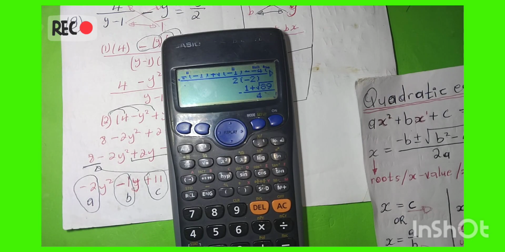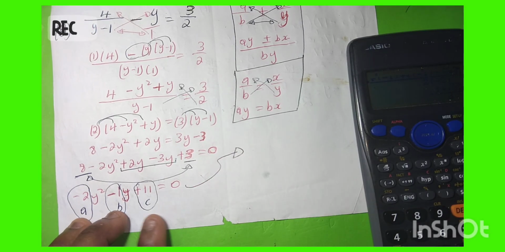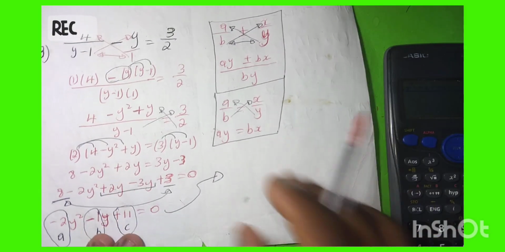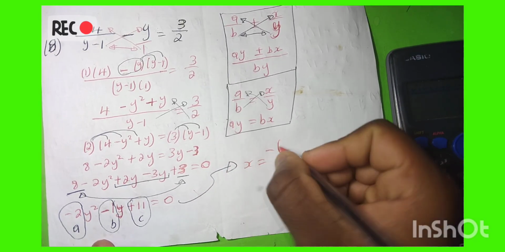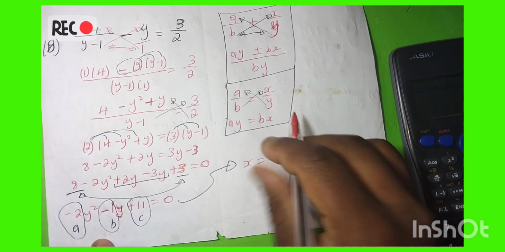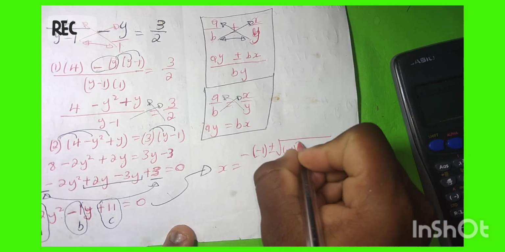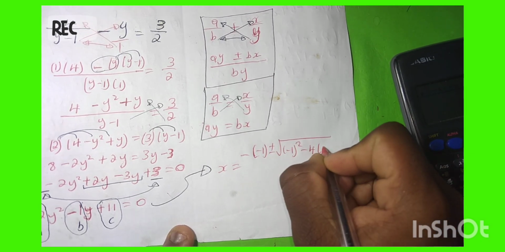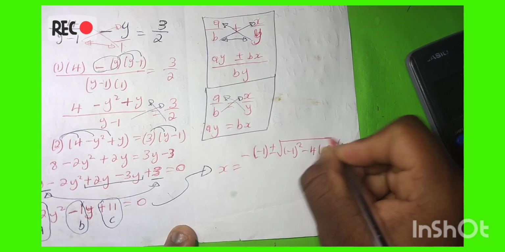So if I cannot factorize, this is how I will write this down. I'll write it the way it is from my equation. I'll say this is minus my b, which is minus 1, plus or minus the square root of minus 1 squared, minus 4 times my a, then my c is this one.